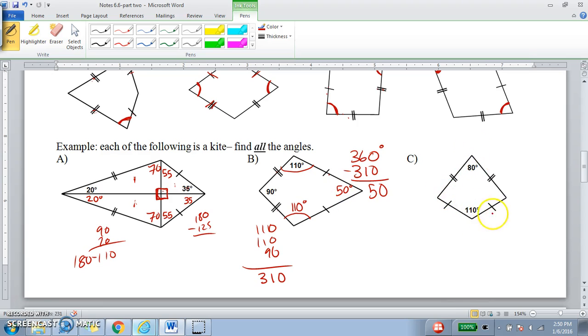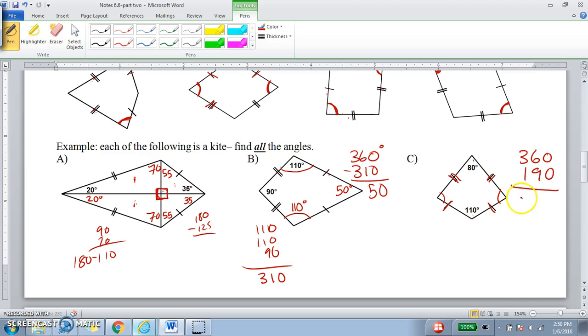Over here, same thing. We've got the non-congruent sides here and here, and then here and here. So these two angles in between are going to be congruent to each other. We don't know what either of them are, but we do have these other two missing angles. So we take our total, 360, subtract these two angles added together. So 110 plus 80 would be 190.